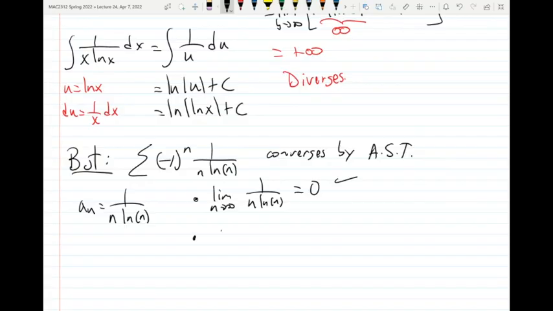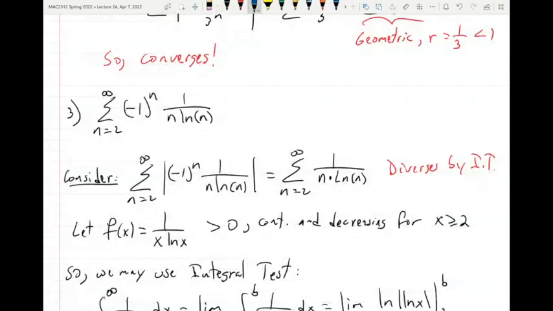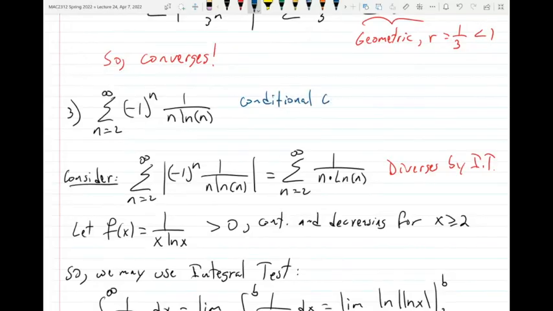And certainly an plus 1 is going to be less than an, because the bigger n gets, the smaller this fraction is going to get, right? Because this denominator is going to grow, and therefore the fraction gets smaller, right? So the two conditions are satisfied, so we can use the alternating series test to deduce convergence. So the original series converges, but the absolute value doesn't, so the series converges conditionally. So this is conditional convergence.